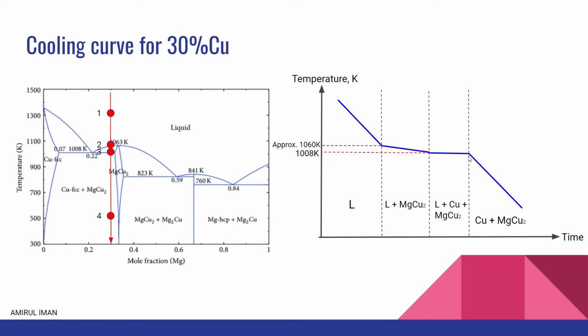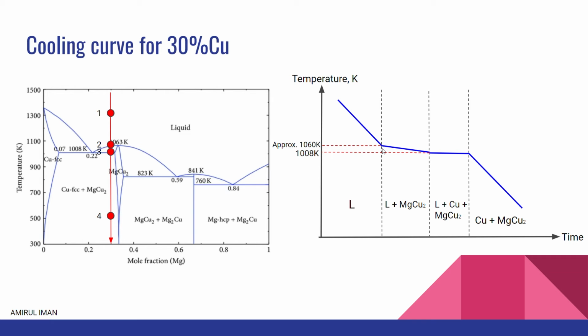The next is the cooling curve for our 30% copper, hypereutectic composition. At a high temperature, around 1500 Kelvin in the phase diagram, as it cools down, the liquid mixture cools, approaching approximately 1060 Kelvin, and MgCu2 started to form. We can see at this point, MgCu2 started to form.